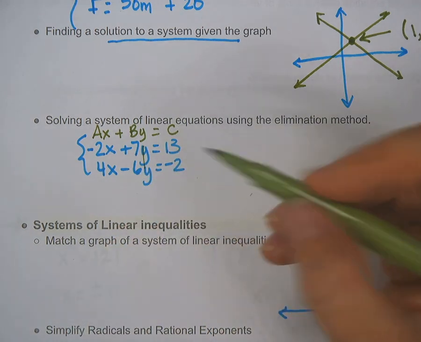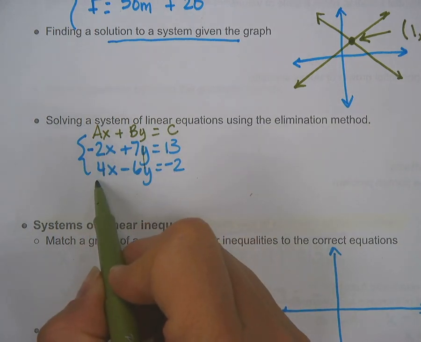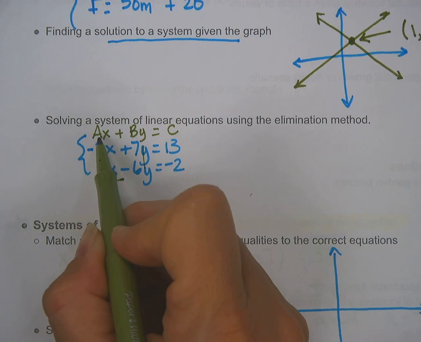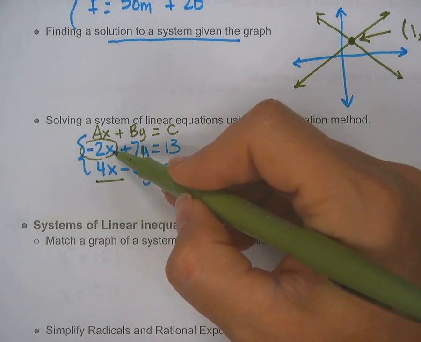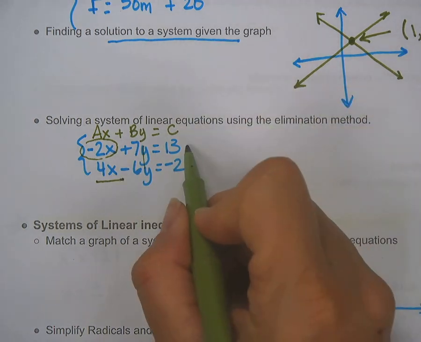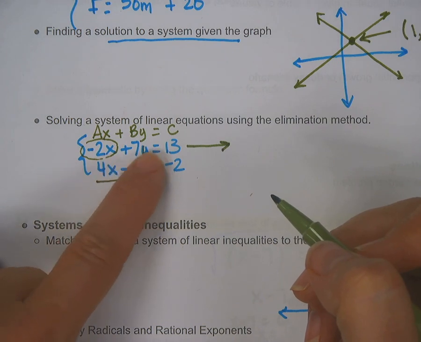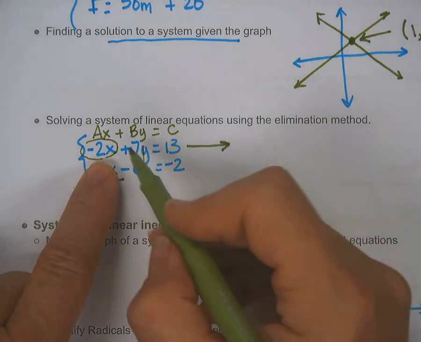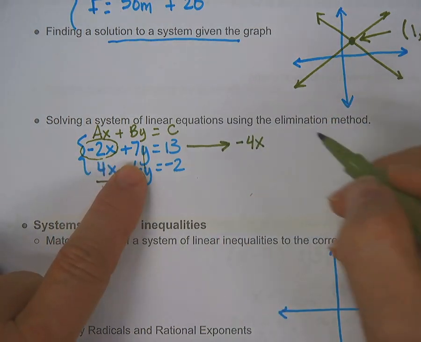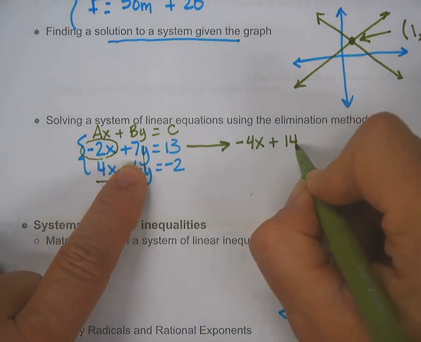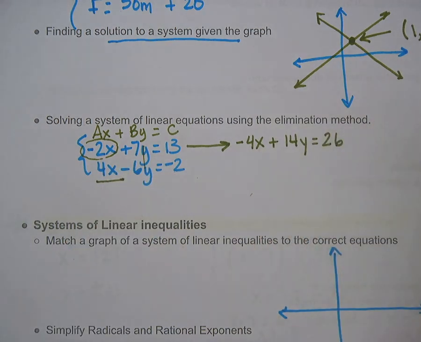That doesn't cancel. So what we want to do is, I notice that this bottom equation has a 4x. If I could make the top equation have a negative 4x, I know that negative 4x plus 4x is going to cancel out. So I'm going to multiply this top equation through by positive 2. So 2 times negative 2x is negative 4x, 2 times 7y is 14y, and 2 times 13 is 26.